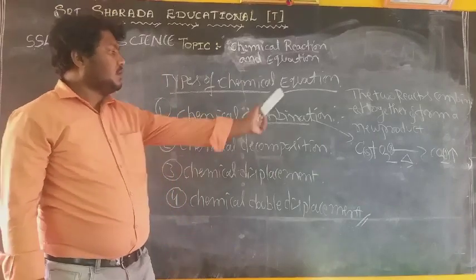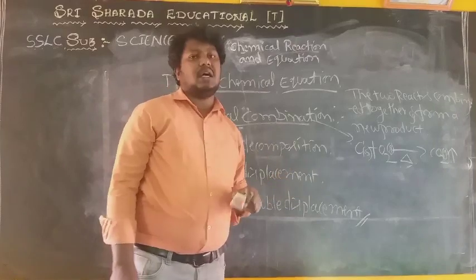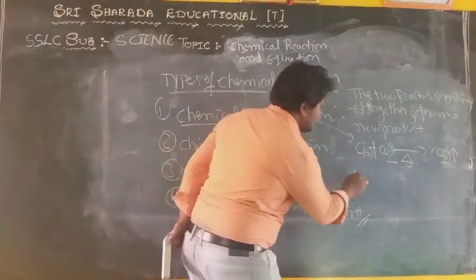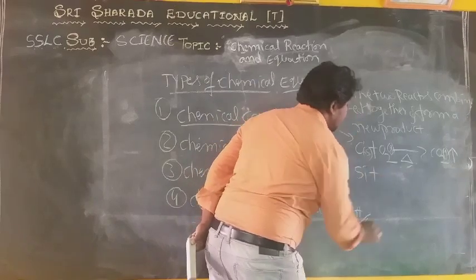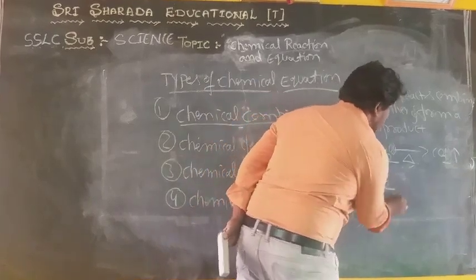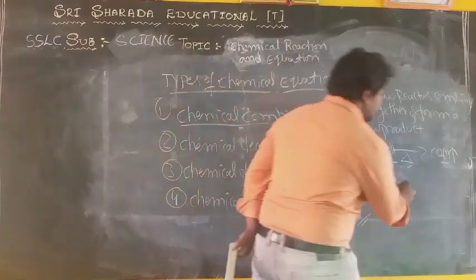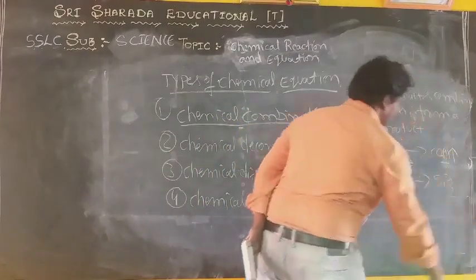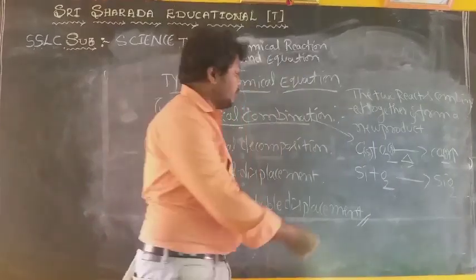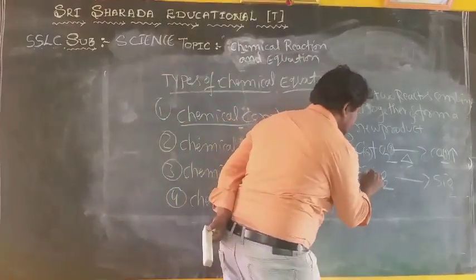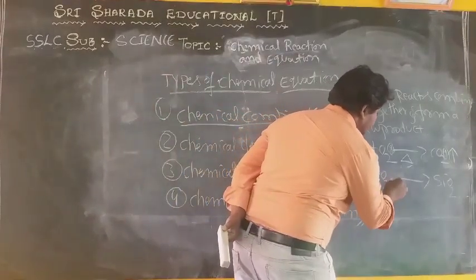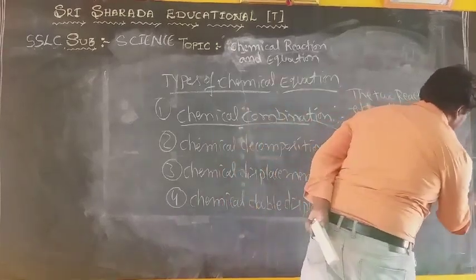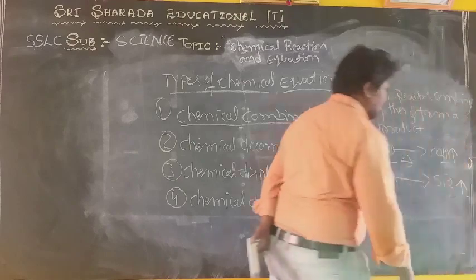Okay. So like that, we also have some other examples. For example, silicon is heated in the presence of oxygen, which gives rise to silicon dioxide. Here also we can see that silicon is solid in state and oxygen is gaseous in state, and silicon dioxide also evolves as a gas.